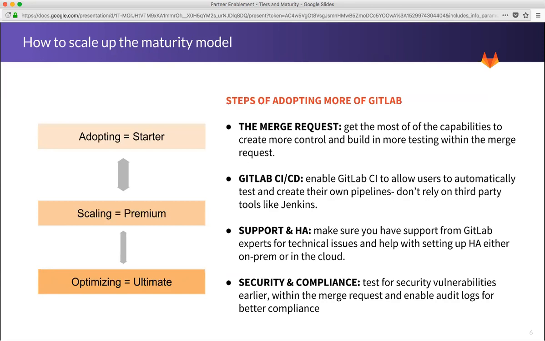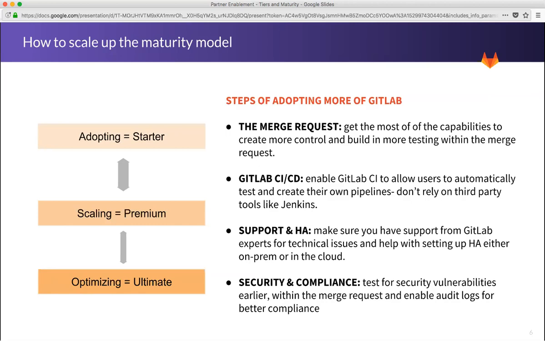That's where they were. That's where they're at. They look at that and say this makes sense. They use Jenkins on top of GitLab, and then as they start using it more and more, they find out that it doesn't meet their needs, and they find out that GitLab has CI/CD built in, and that it's very usable and actually very fluid, and so they may move up to that.